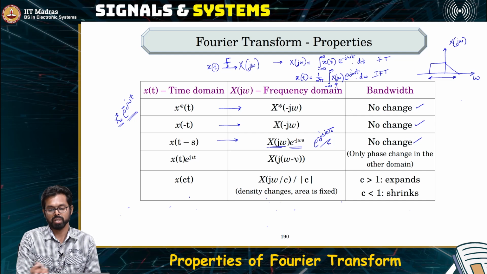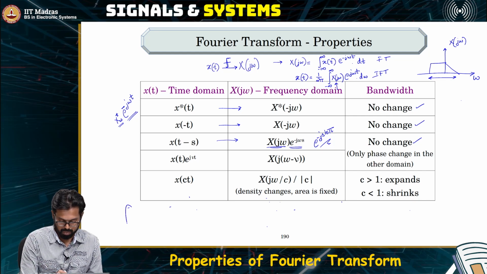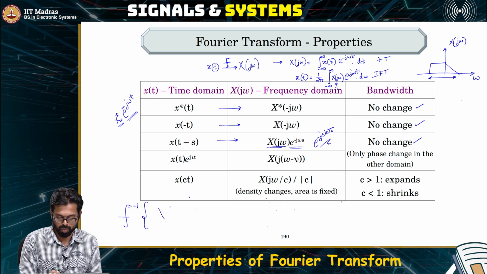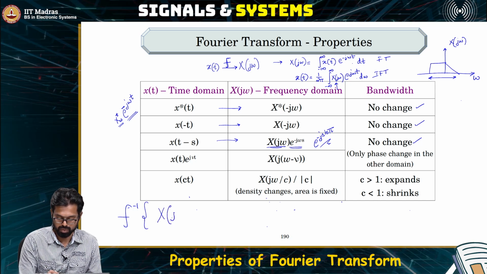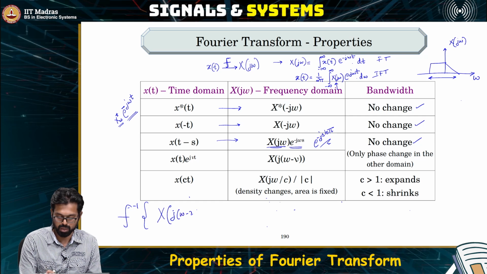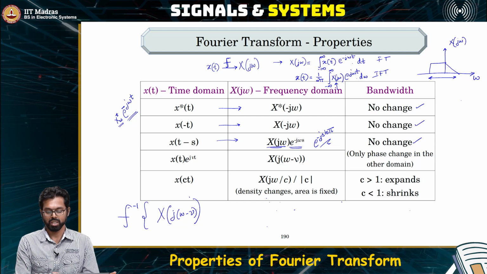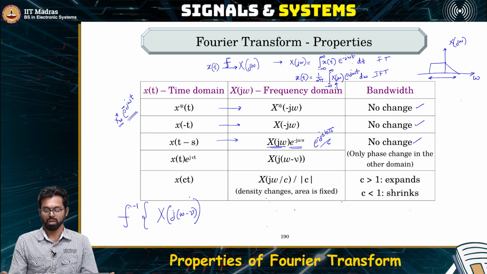So now we start with the inverse Fourier transform. We want to find the inverse Fourier transform of X of j omega minus some nu. So basically what are we doing? We are shifting the frequency in the spectrum by some nu.